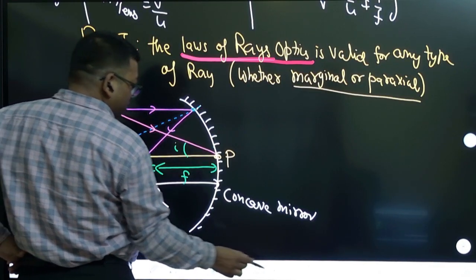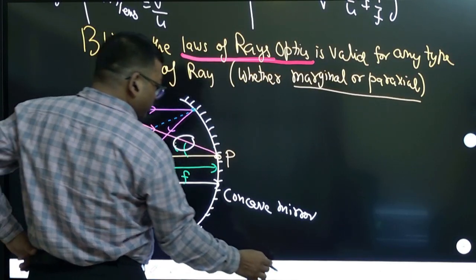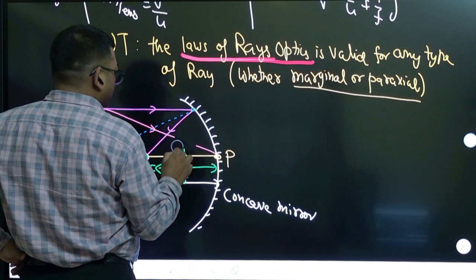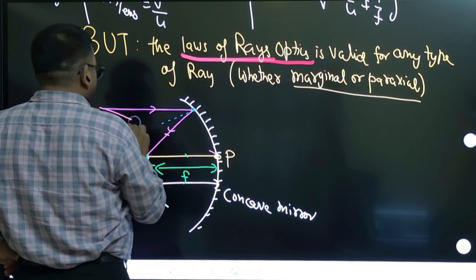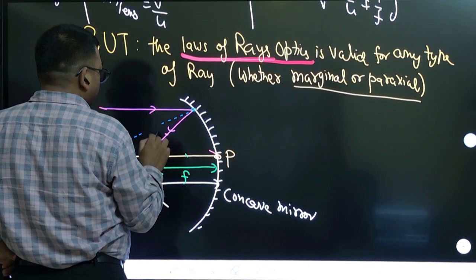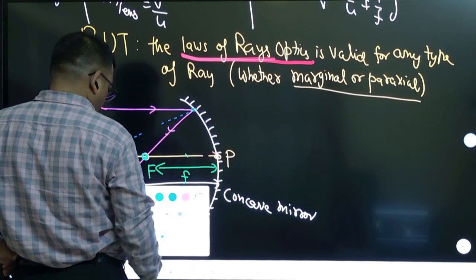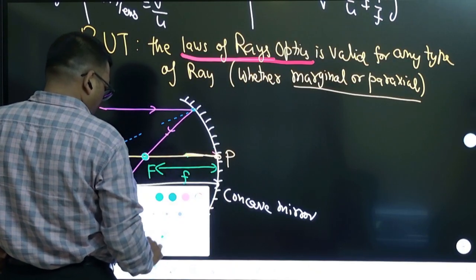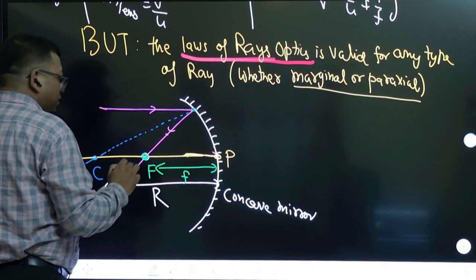I think I should remove this ray. This ray may not be useful, so I am removing this ray. So I have taken a ray which is parallel and it is hitting at the focus.